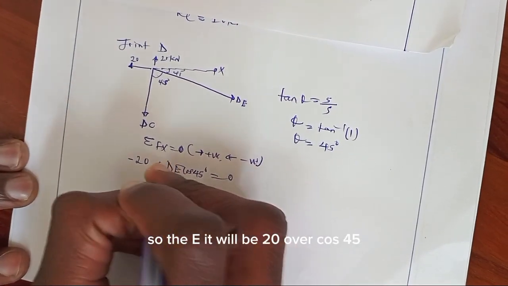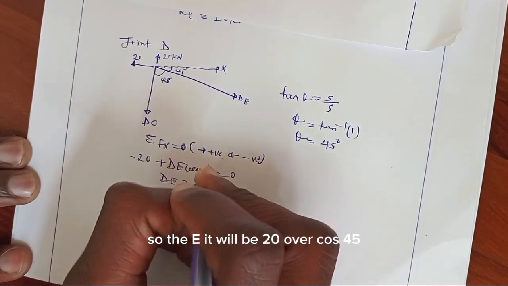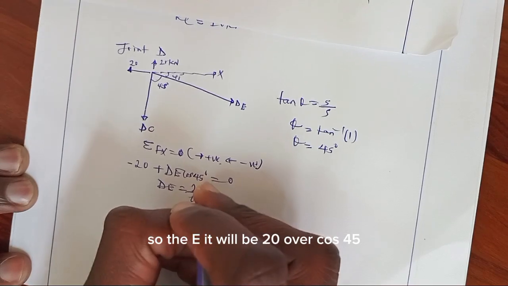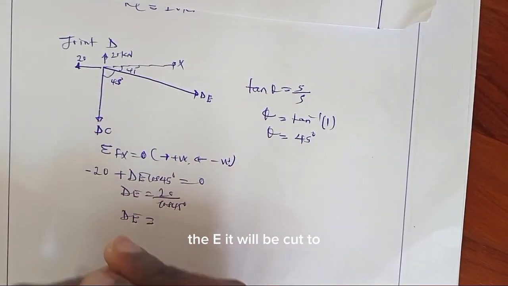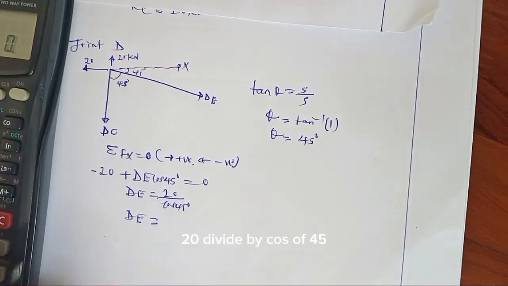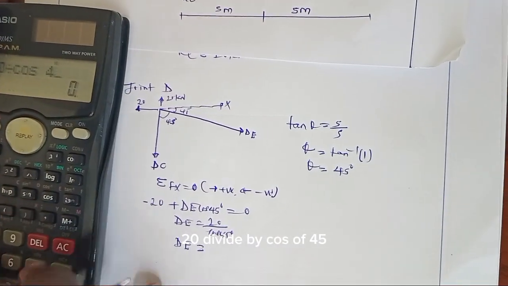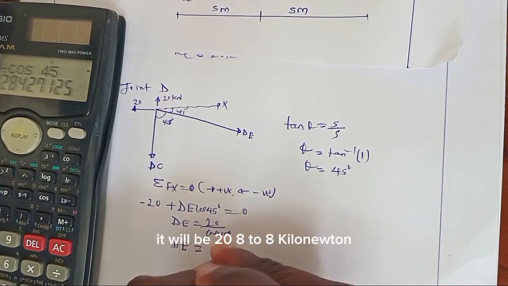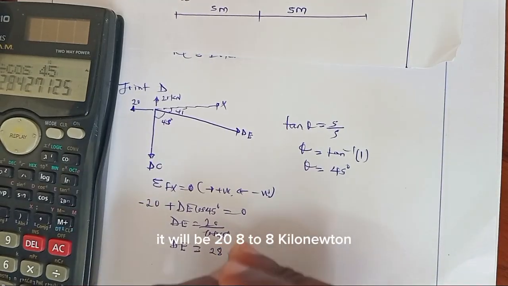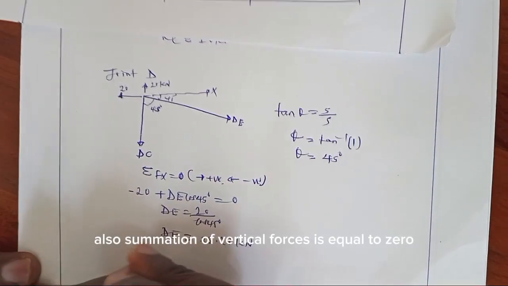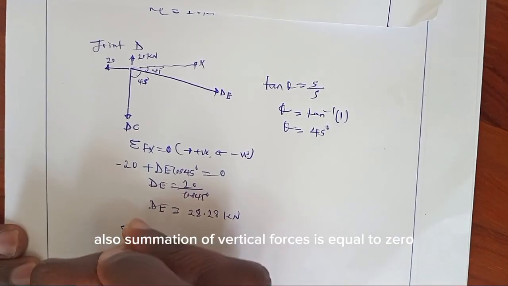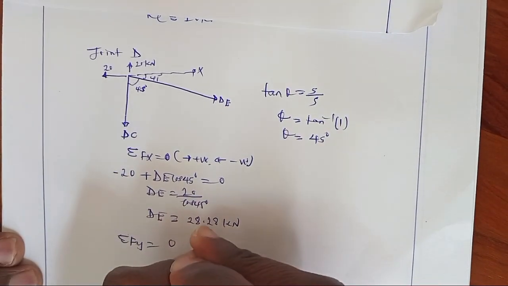So DE will be 20 over cos of 45, equal to 20 divided by cos of 45. It will be 28 kilonewton.